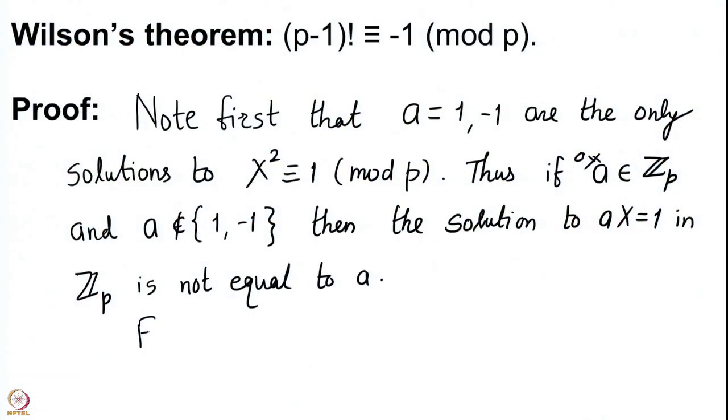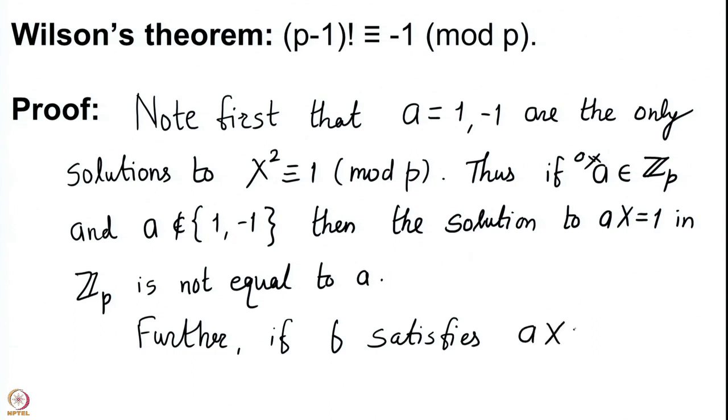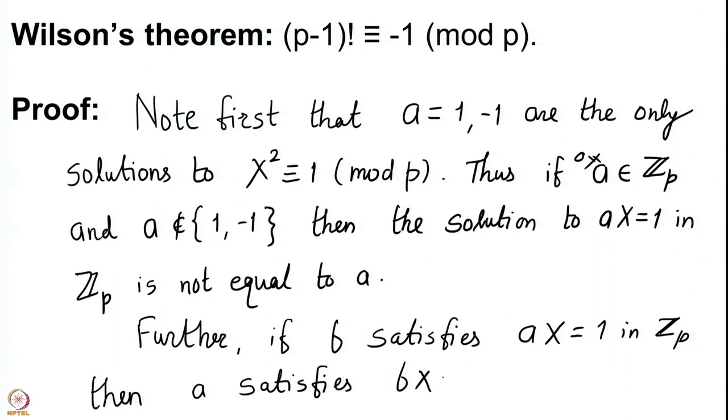There is another thing that we should remember. Further, if b satisfies ax equal to 1 in Z_p, then a satisfies bx equal to 1 in Z_p.